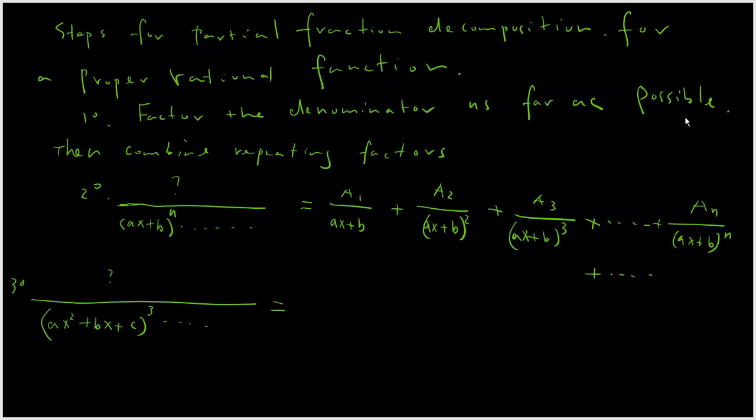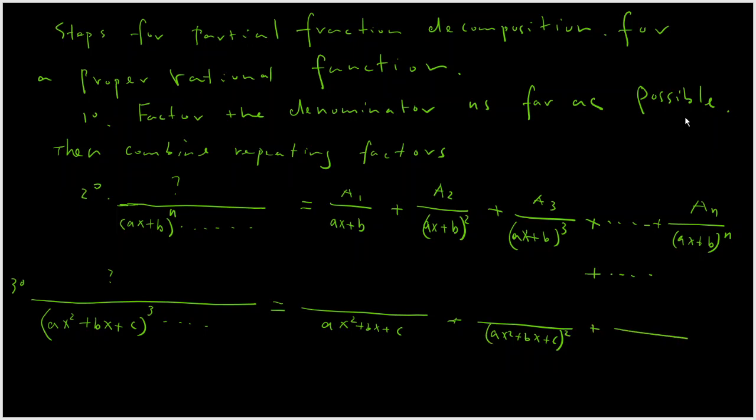I believe now you can guess the denominators. The first one is ax squared, and then plus bx, and then plus c. And then the second term is going to be ax squared plus bx plus c, the whole thing squared.